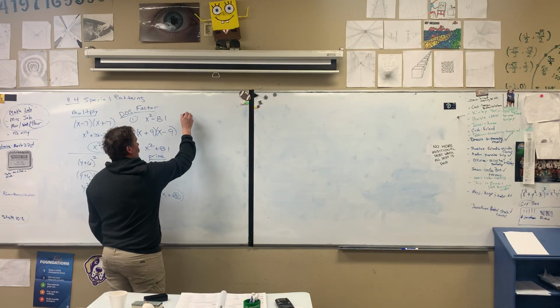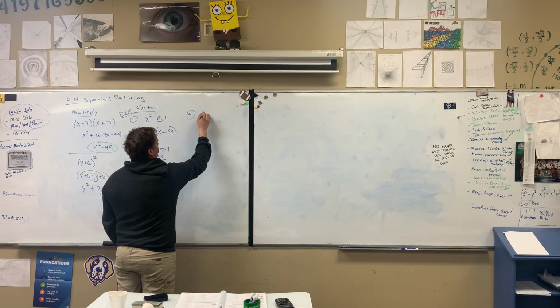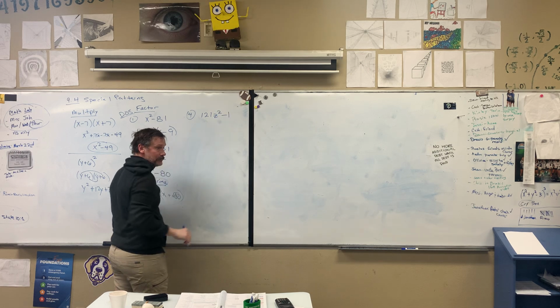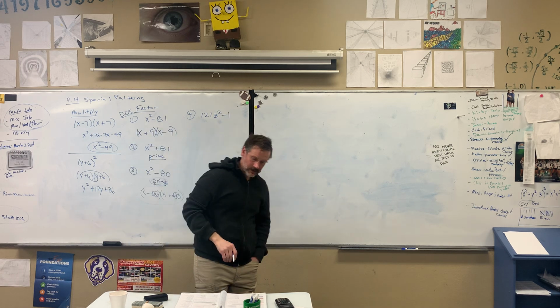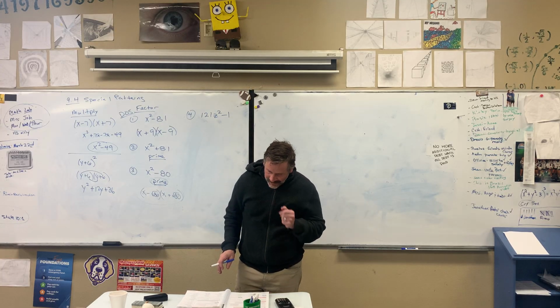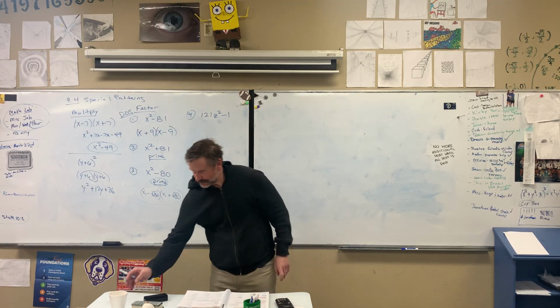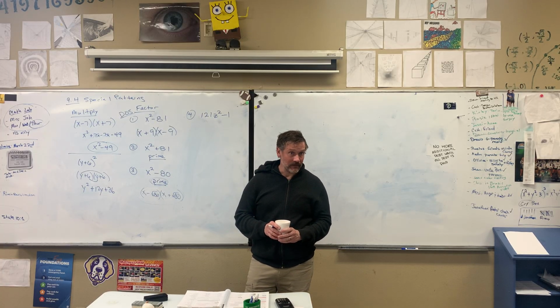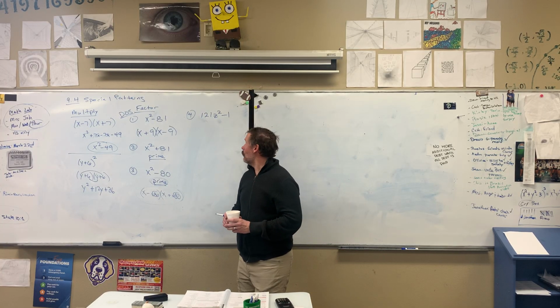So let's try another one. Here's a classic: 121z squared minus 1. What do we recognize about 121? It is 11 squared, right? And then, what about the 1?